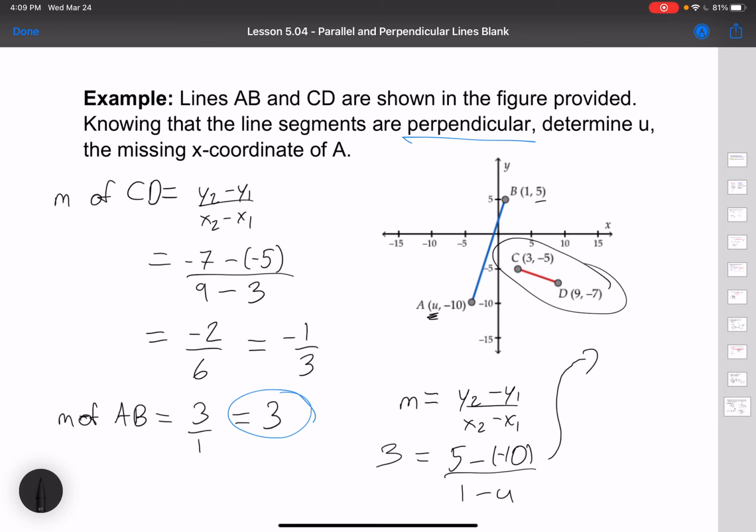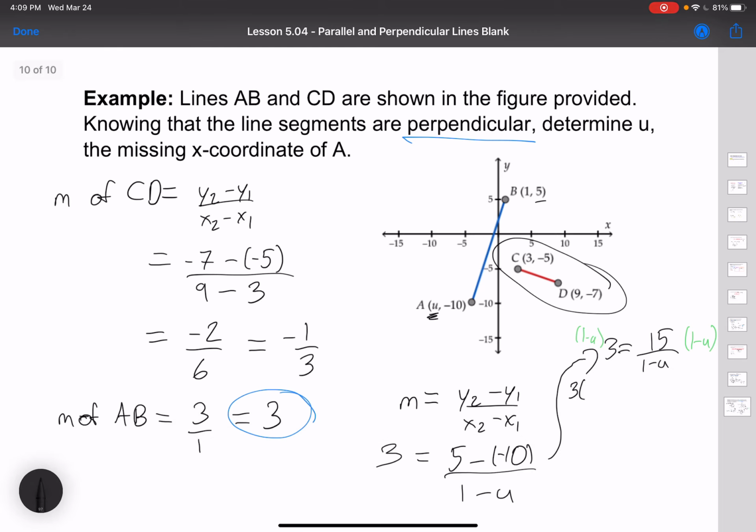So that's what we'll do in this next part. Just to get started, let's simplify the fraction a little bit. So we have 5 minus -10, so that'll just be 15 over 1 minus u. Okay, if we have our variable in the fraction, just multiply by what's in that fraction, and then we can clear the fraction. So we have 1 minus u, so we'll multiply both sides by 1 minus u.